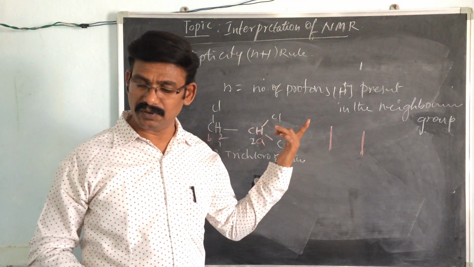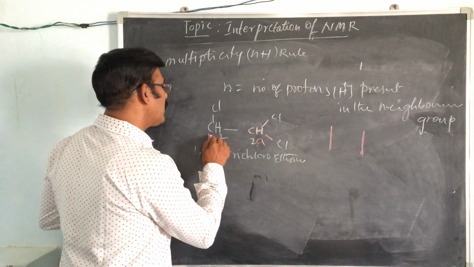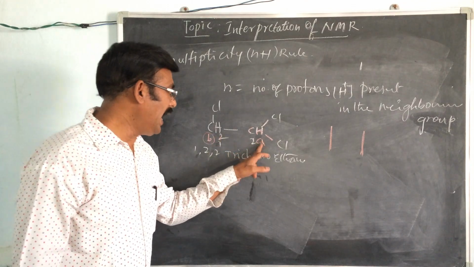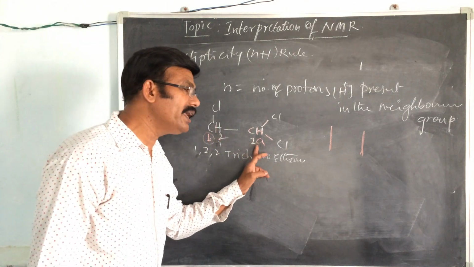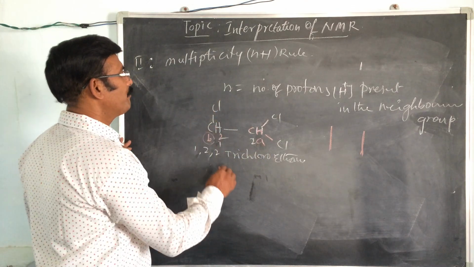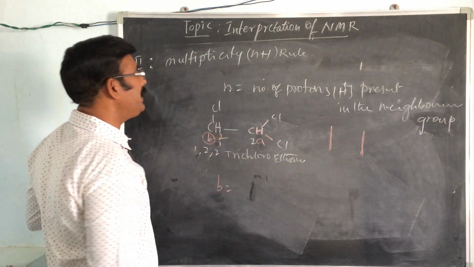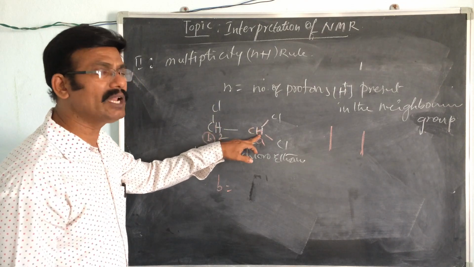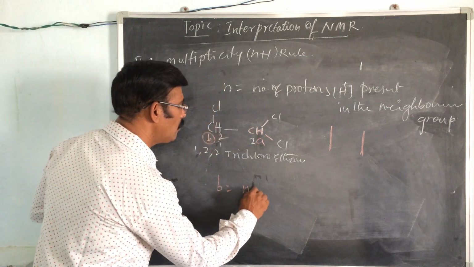Already we studied that just before. Now, multiplicity. So this B is the neighbor of A, and A is the neighbor of B. B is the neighboring group of A, and A is the neighboring group of B. So if we have to count for B, what is the number of neighbor protons? Only 1 proton. So n is equal to 1.